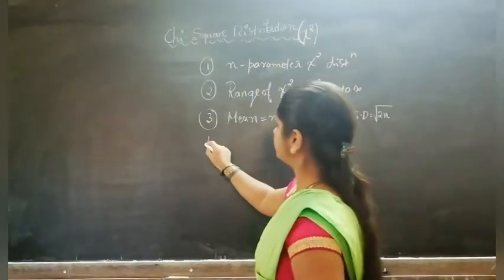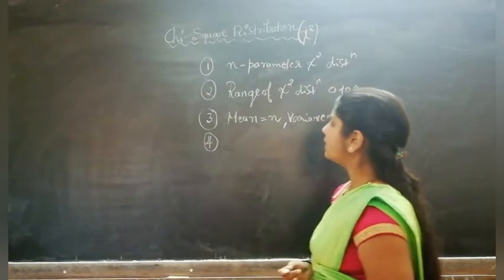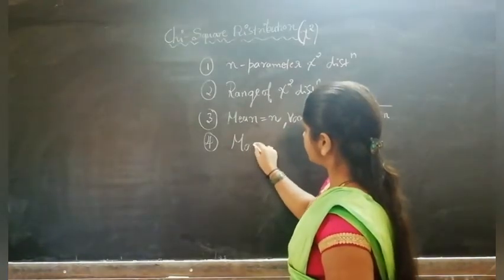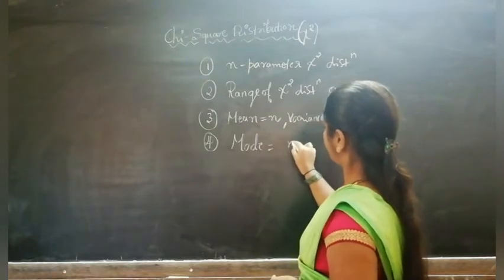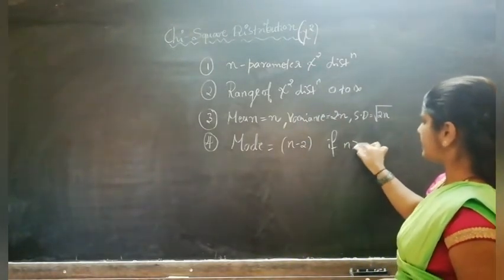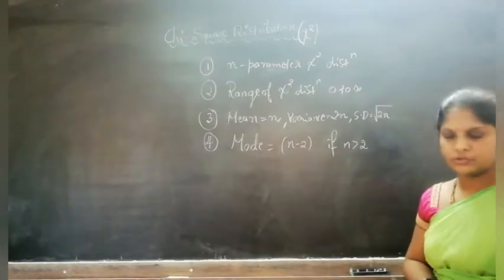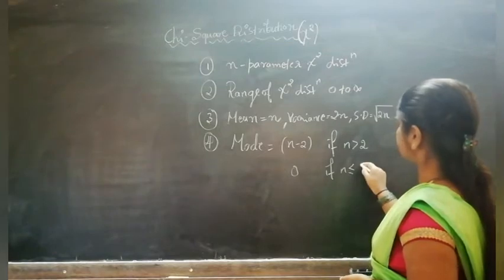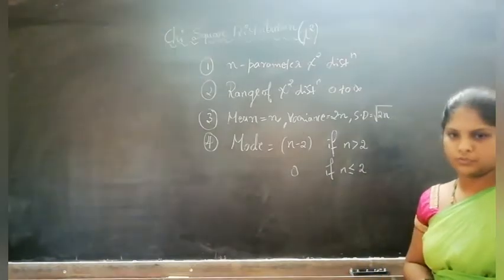Now the fourth one: for a chi-square distribution, mode is equal to n minus 2 if n is greater than 2, and 0 if n is less than or equal to 2. Clear?